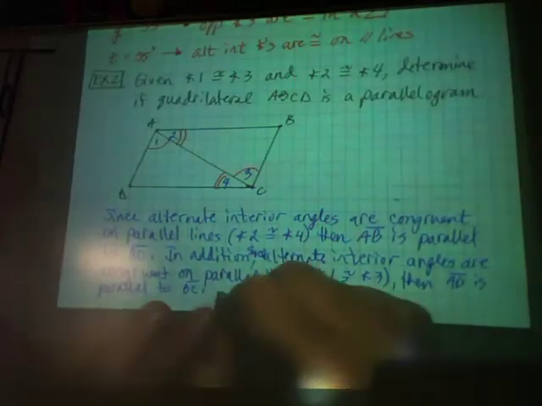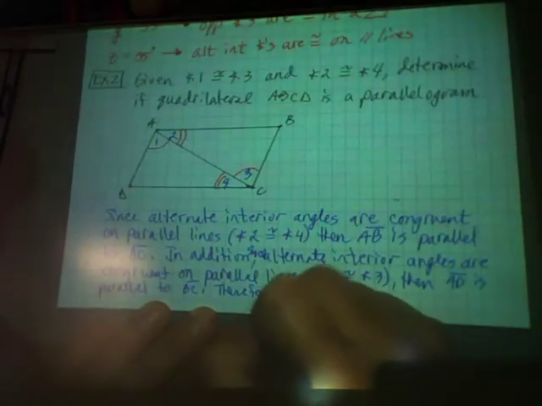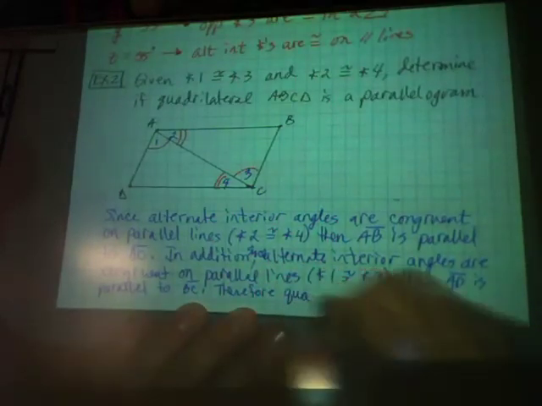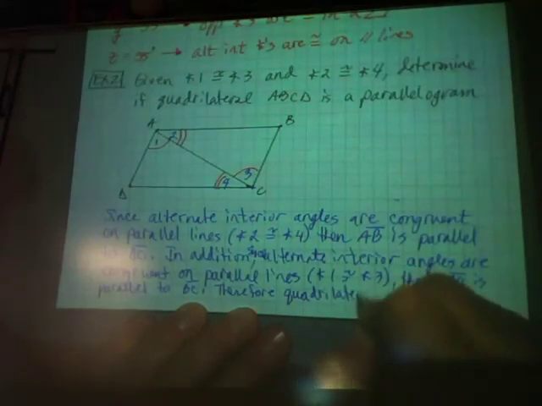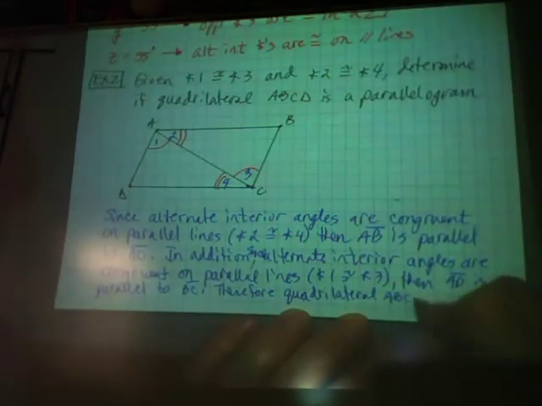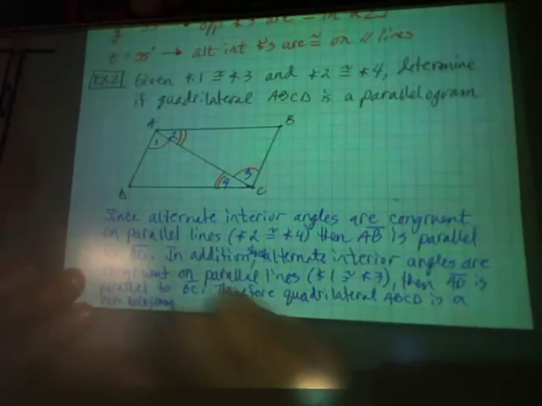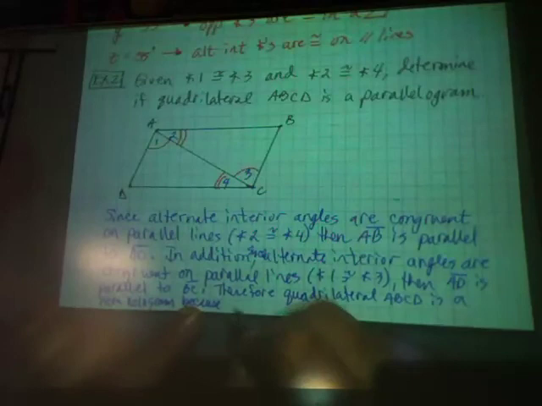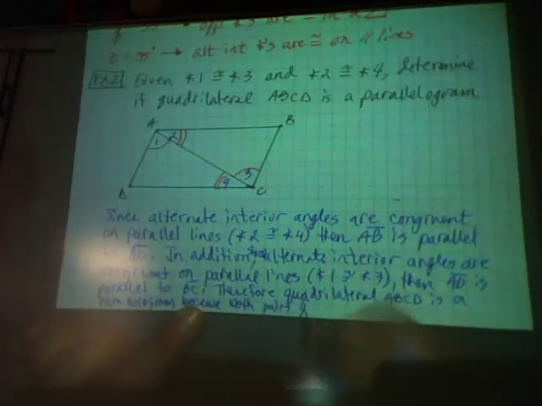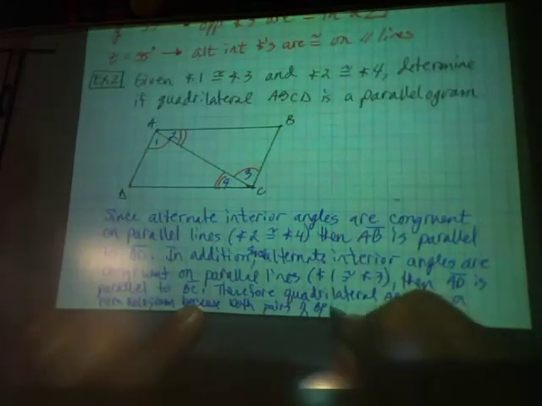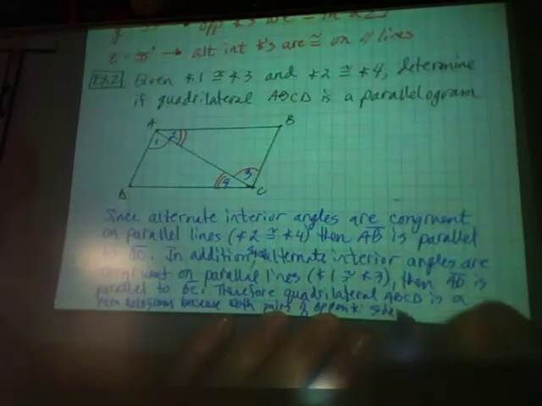Therefore, quadrilateral ABCD is a parallelogram because both pairs of opposite sides are parallel.